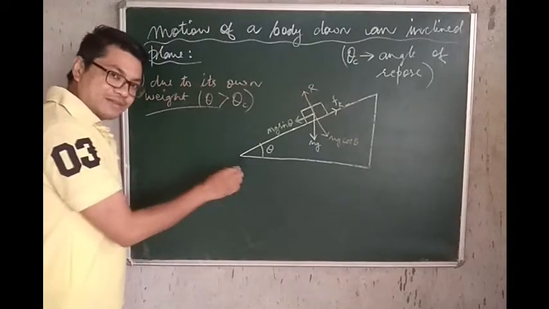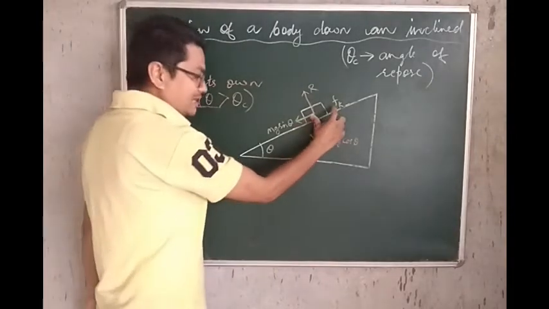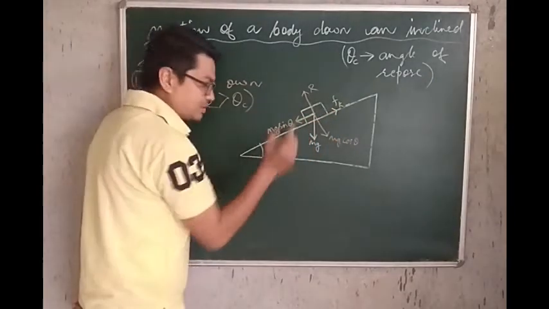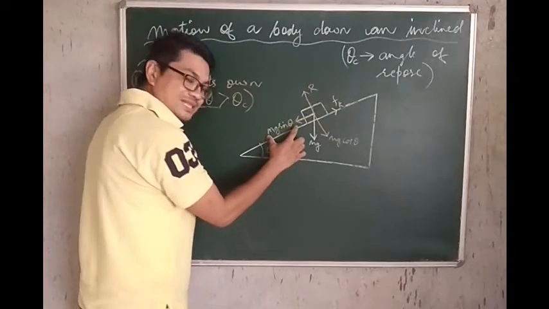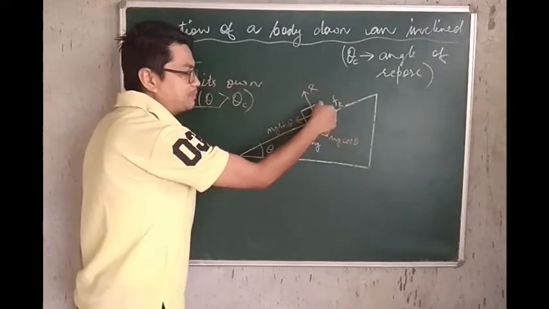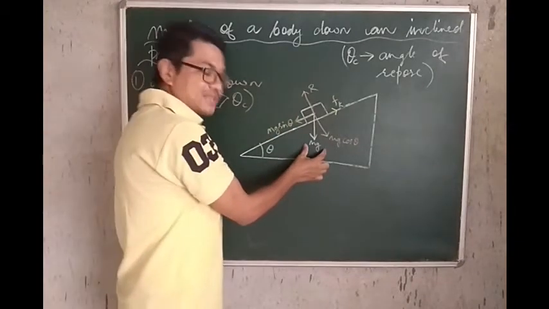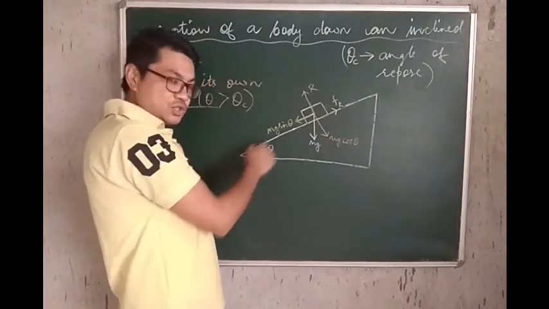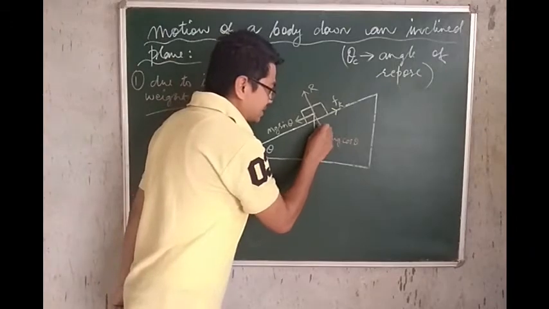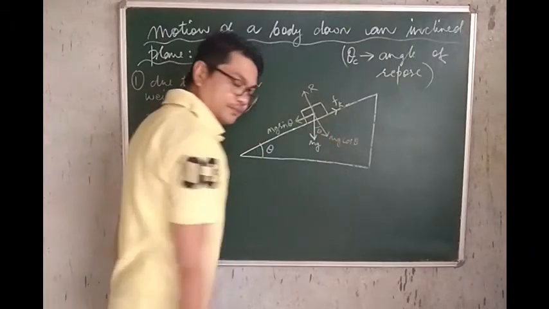So, what do we have here? The body slides down because the mg sin theta component is pulling the body down. The weight of the body is mg. Now, if the angle of inclination is theta, then this angle also has to be theta. I showed you in the last video.